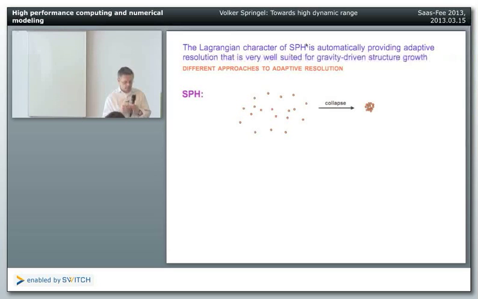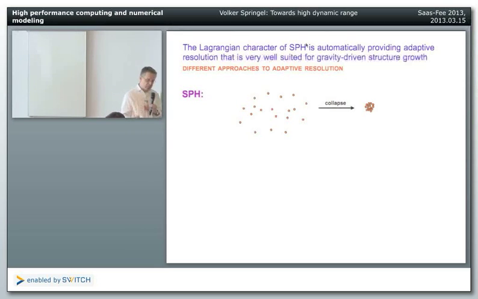And as gravity-driven structure growth ensues, these particles will be bunching up, concentrating by very large factors, and increase the density, for example, in the center of a galaxy by up to a factor of 1 billion or so. And so correspondingly, you have an automatic increase in the spatial resolution just where the mass goes.